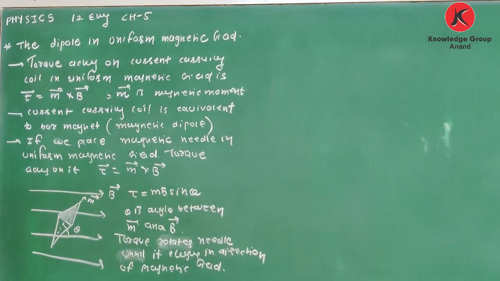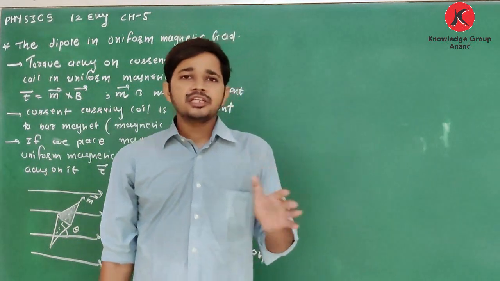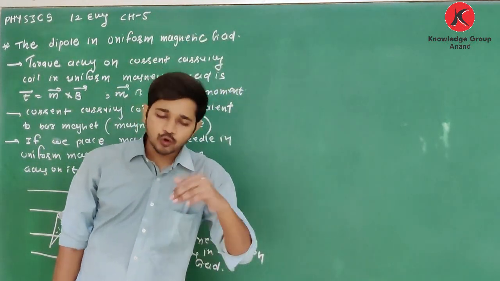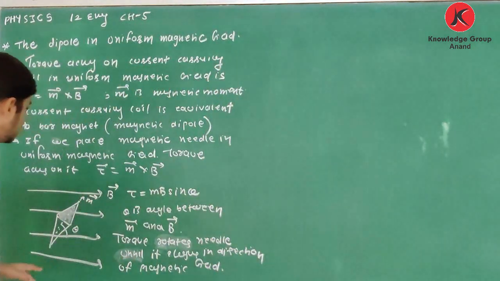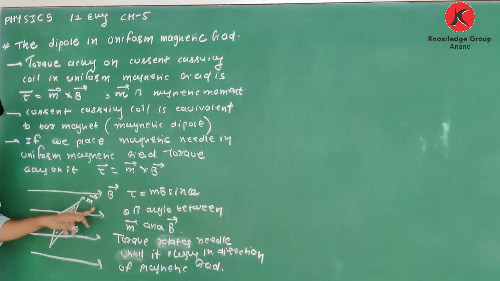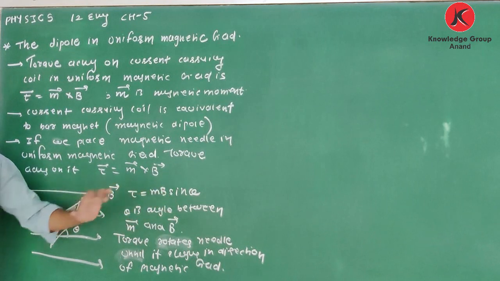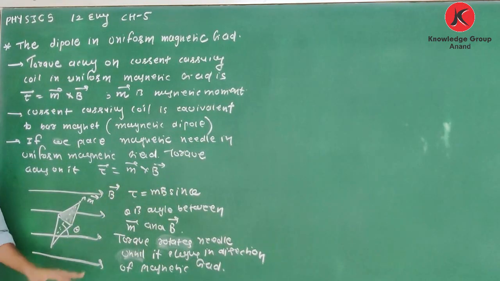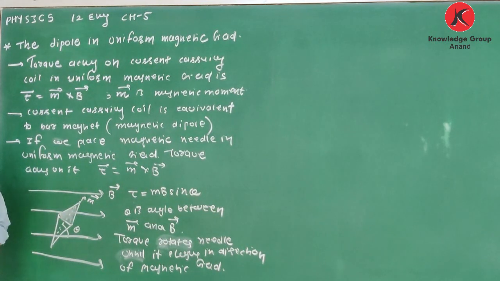Clear about this? I think you know this topic. It is similar to an electric dipole in an electric field. When an electric dipole is placed in a uniform electric field, torque acts on it and rotates it until it aligns in the direction of the electric field. Similarly, here a magnetic needle in a uniform magnetic field experiences tau equal to mB sine theta, and this torque rotates the needle until it aligns in the direction of the magnetic field. Clear about this?